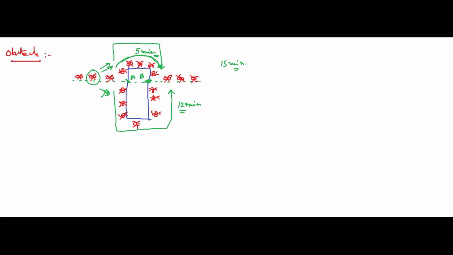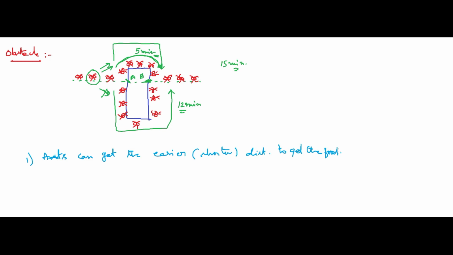In this way I can conclude that ants can get the shorter distance to get the food in both the cases.